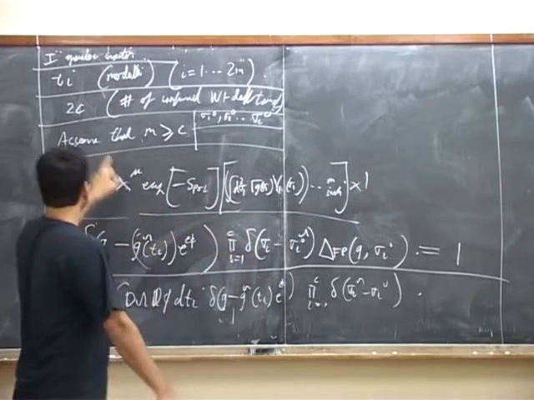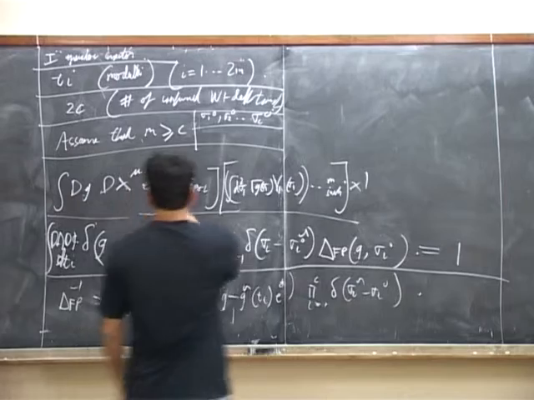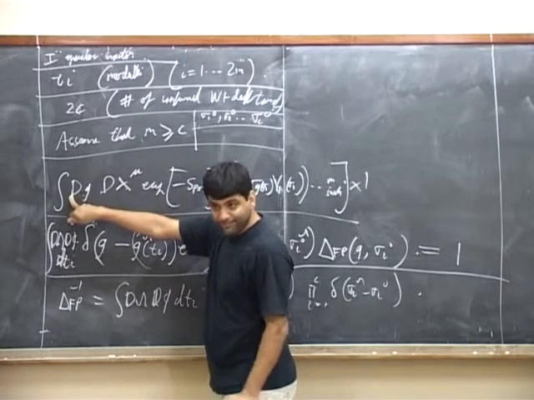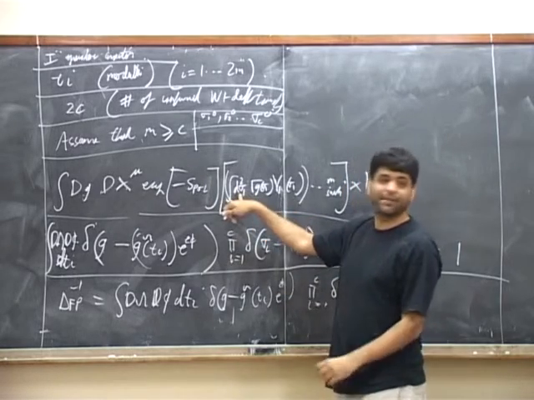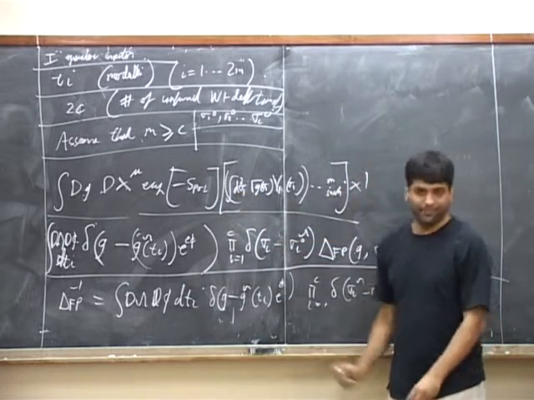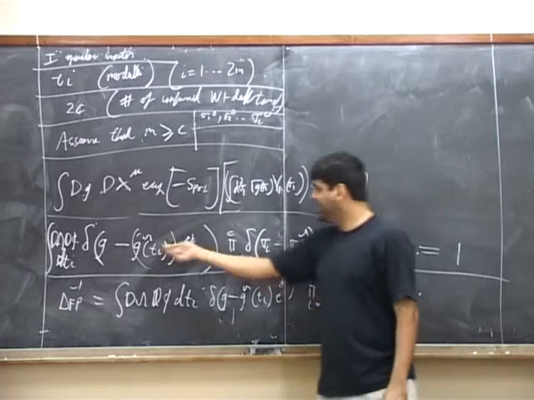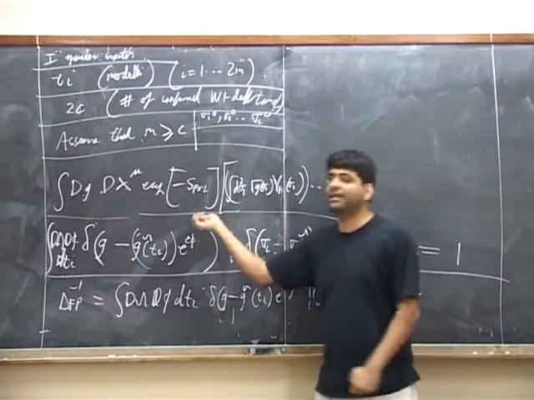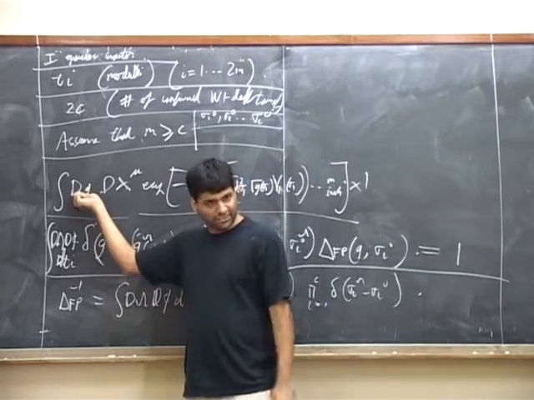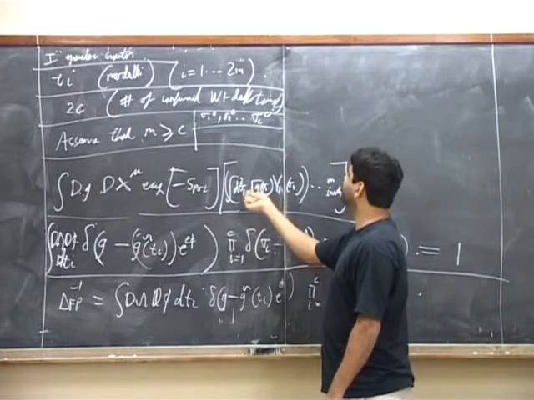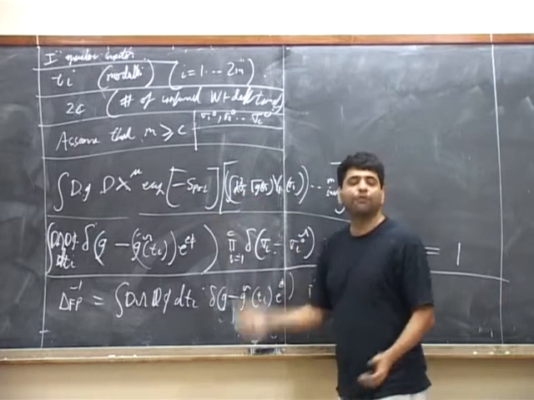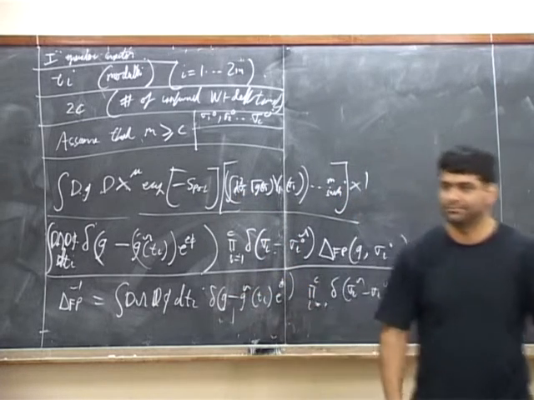So in this path integral, we had a path integral over g, and we had an integral over sigma_1 to sigma_n. These two delta functions just eat up the path integral over g, and eat up the integral over d^2 sigma_i for i equal to 1 to C.